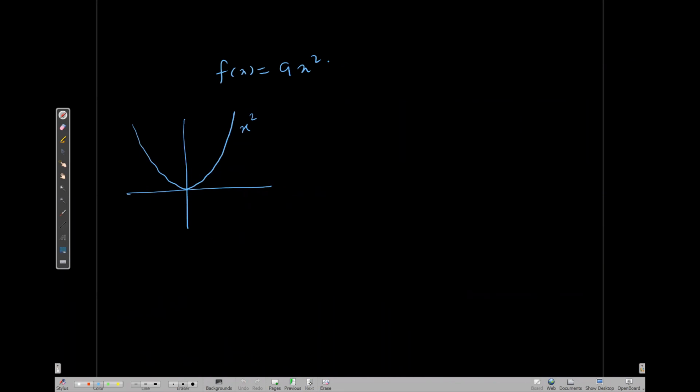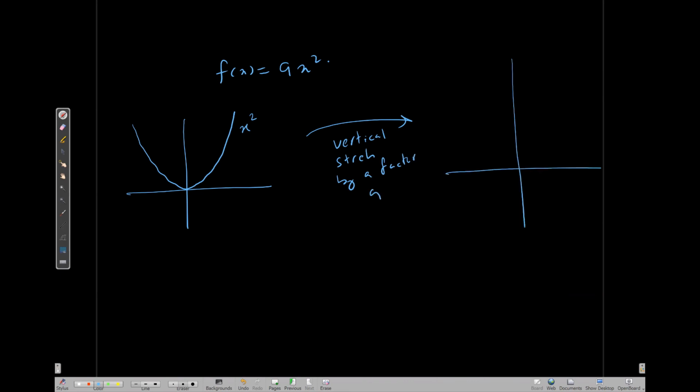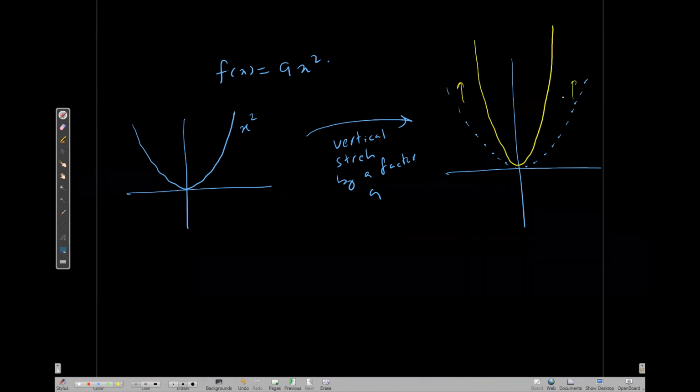So it's a vertical stretch by a factor of 9. Let me draw the original graph with a dotted line. Your graph will become much thinner, right? Because you vertically stretched it.